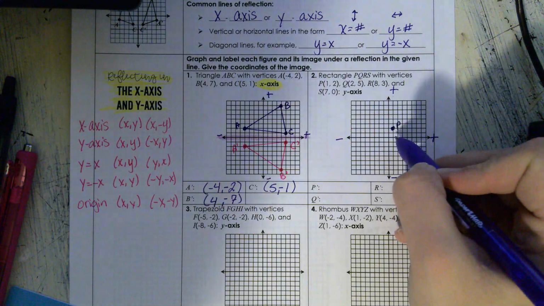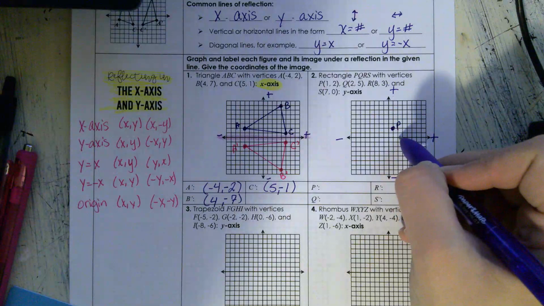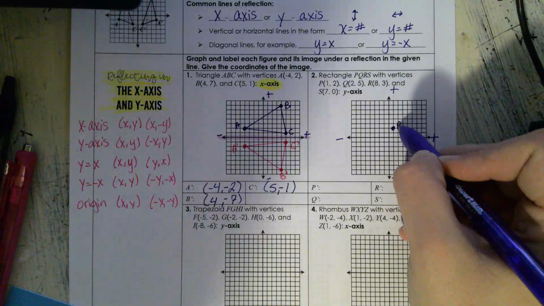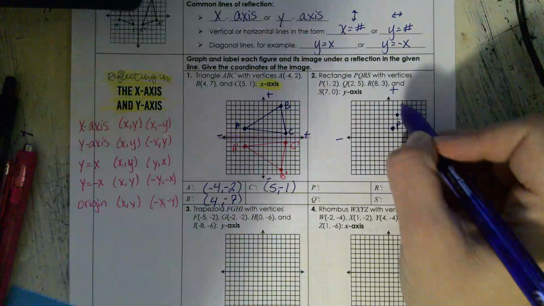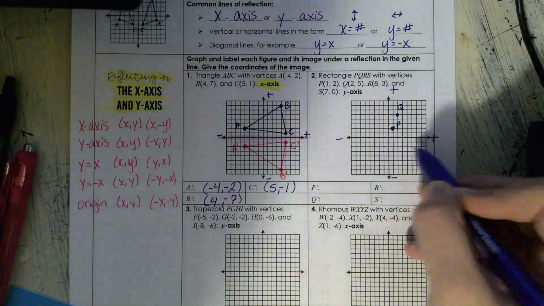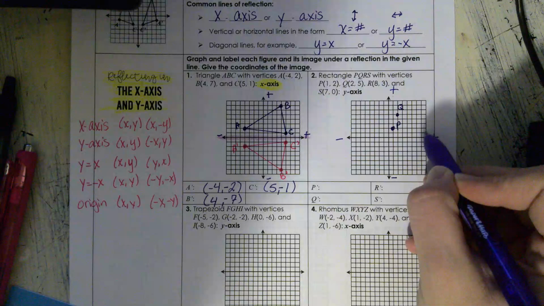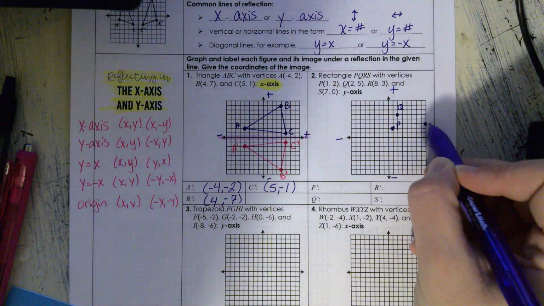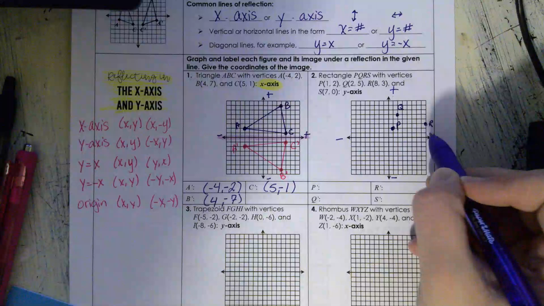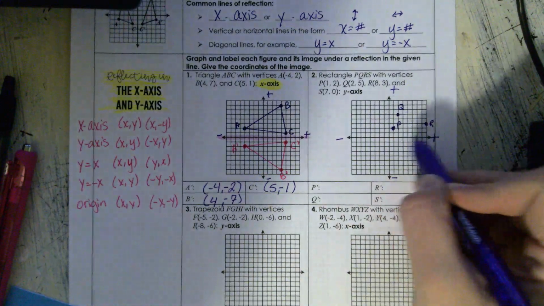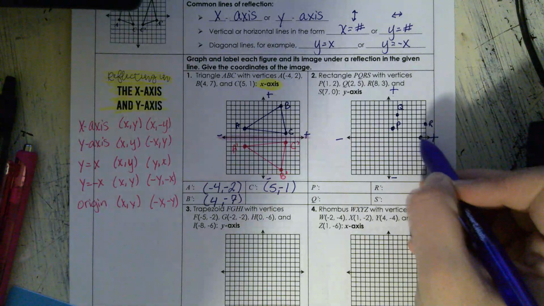That's point P. Walk 2, climb 5. It's Q. Go back to the origin. 8, 3. That's R. And 7, 0. That's S.